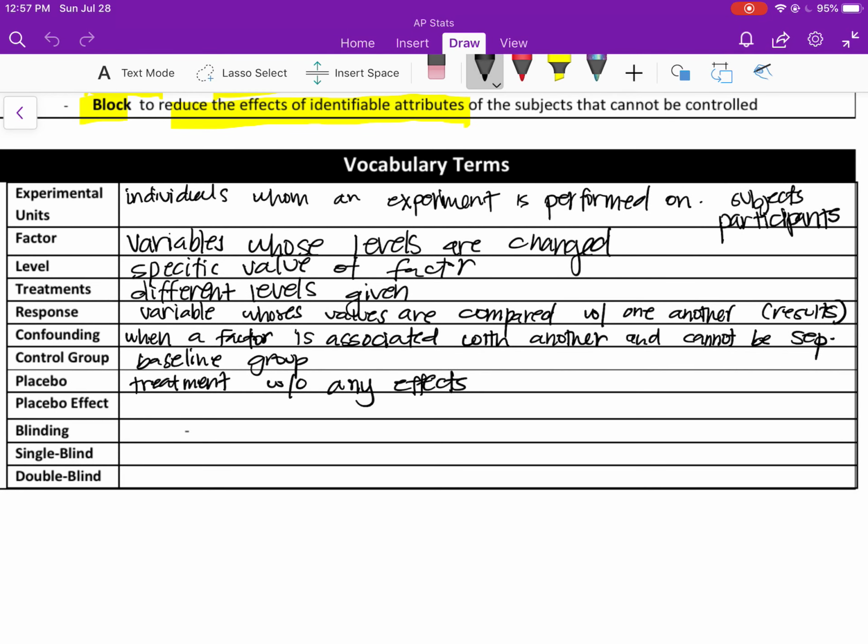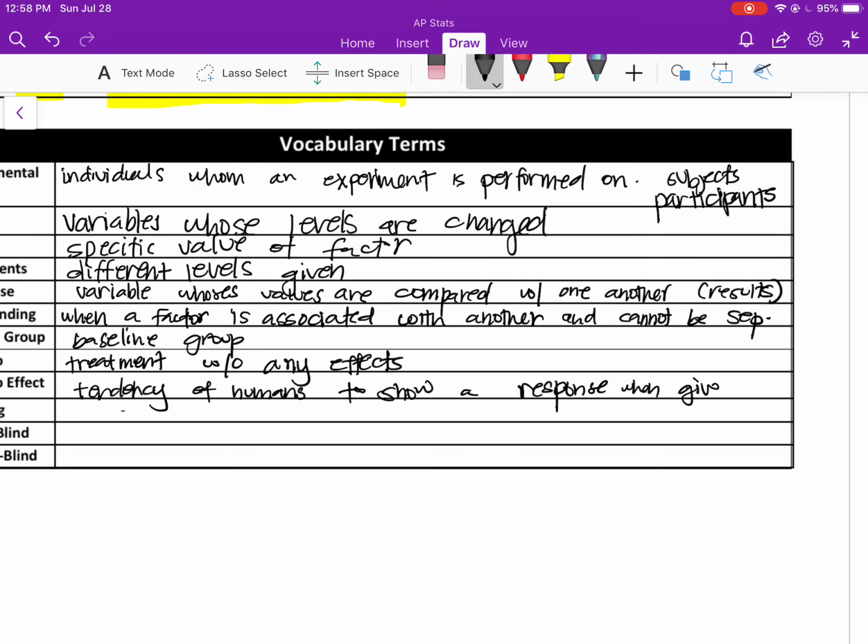The placebo effect, though, is the tendency of humans to show a response when given a placebo.